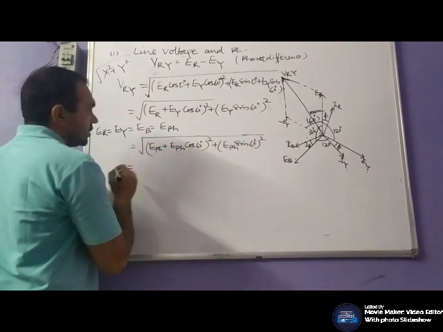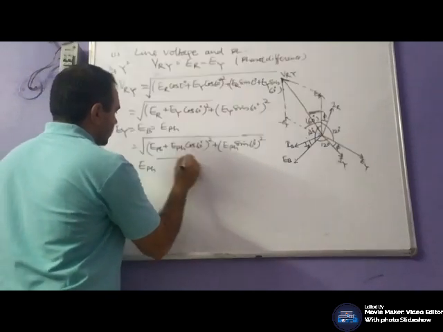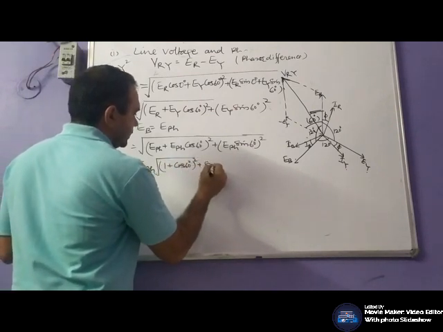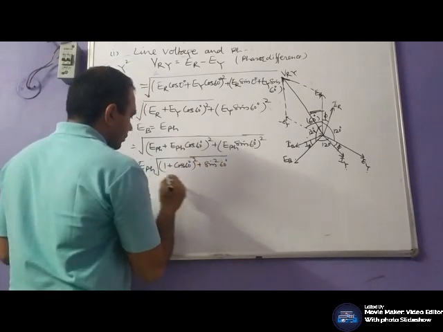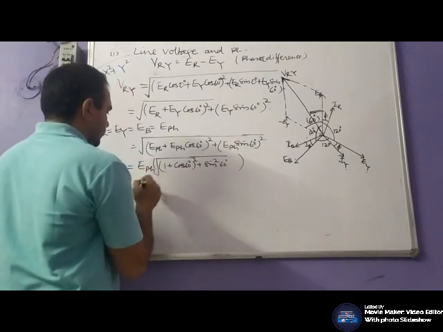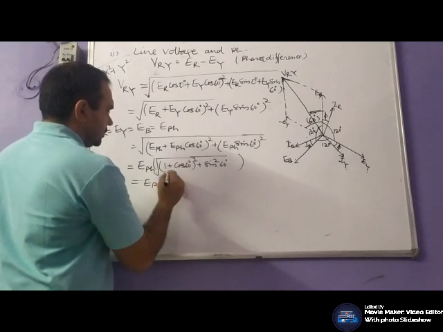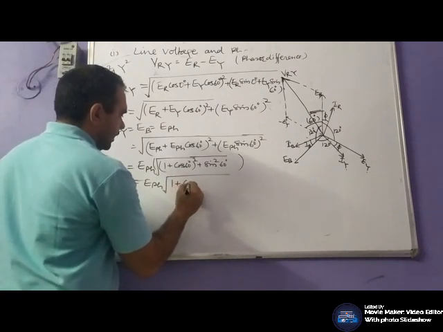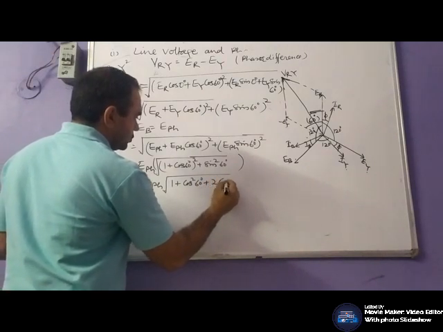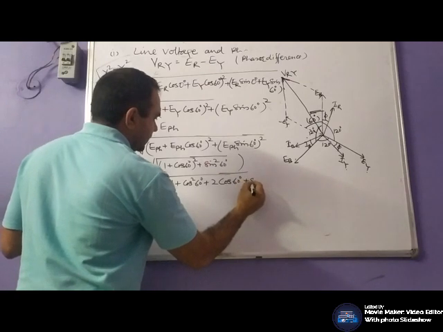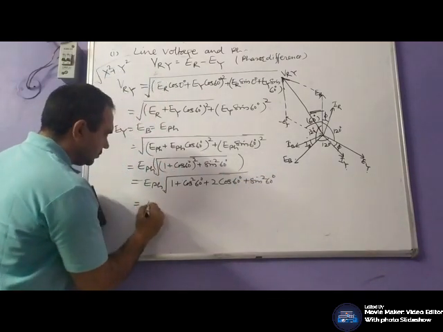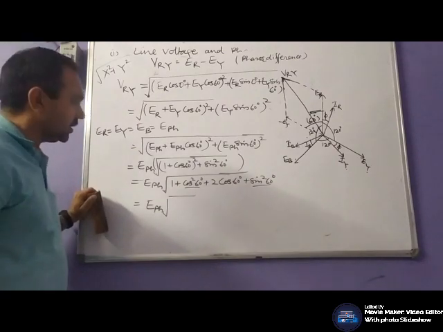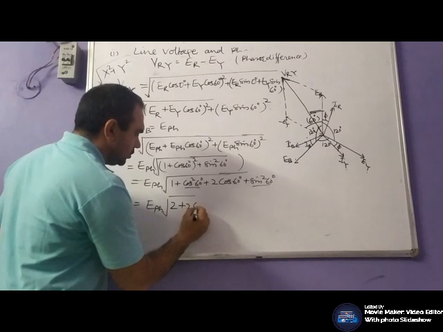Or this would be equal to, you can take E phase outside, the square root of (1 plus cos 60 degrees) squared plus sin squared 60 degrees. Further simplifying, E phase under the root of 1 plus cos squared 60 plus 2 cos 60 plus sin squared 60 degrees.